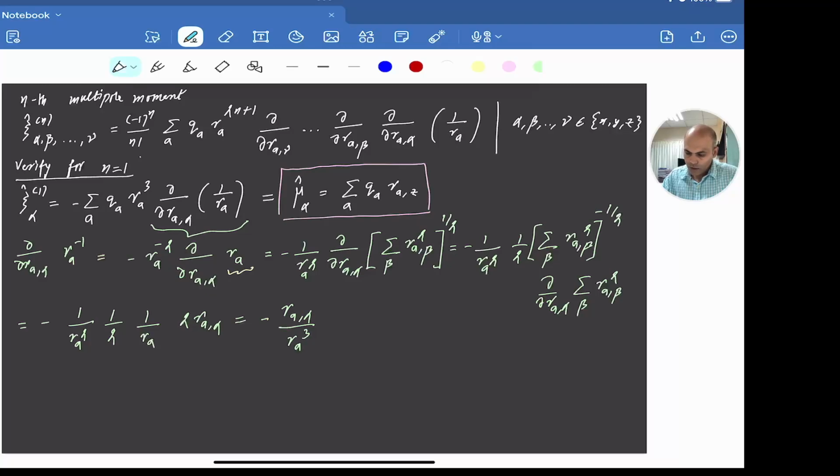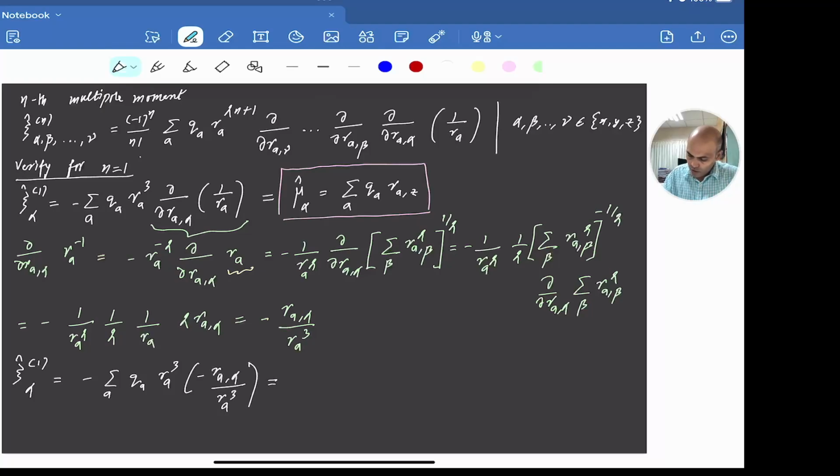So now we can substitute this term over here, and we will get xi operator 1 alpha equals negative sum over a qa over Ra to the 3, and here we have negative Ra alpha divided by Ra cube.